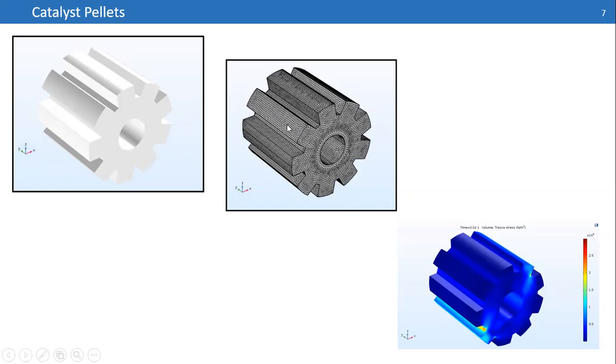But it's a case that you can investigate in COMSOL Multiphysics. You can define your catalyst, you have the fluid flow, you have compositions, and you can check how far the reactant can penetrate and what is the optimum shape of the catalyst, and use that optimum shape for your further improvement.